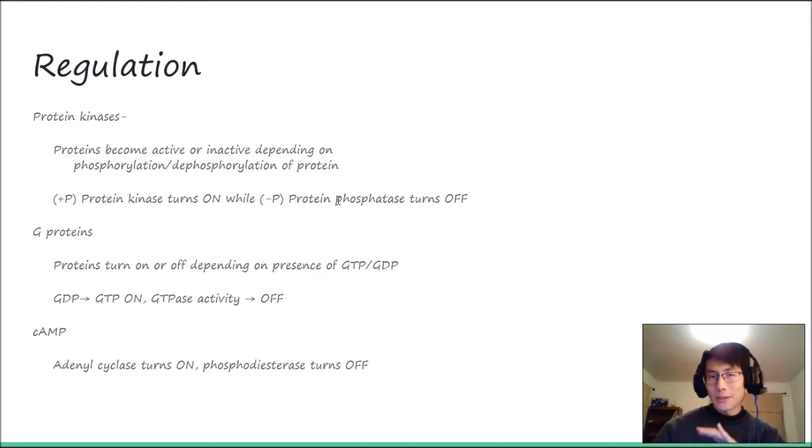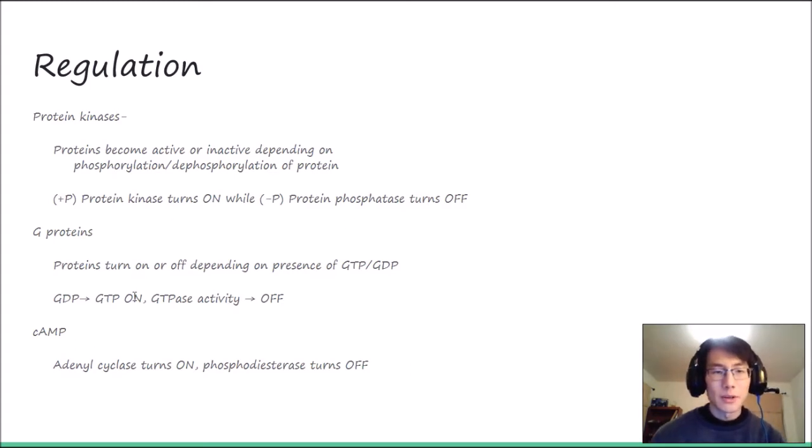Now, if you think to other types of pathways, that might not be the same. So for example, if you go to your gluconeogenesis pathways or glycolysis pathways, depending on whether you're in a fasting state or whether you're in a fed state, that can also affect whether enzymes are turned off or on. And the turning off or on may also be either phosphorylation or dephosphorylation. So that's something very complicated and kind of tricky to keep track of. But in terms of the epinephrine pathway, this usually tends to be true.